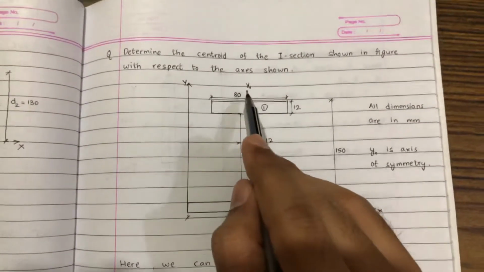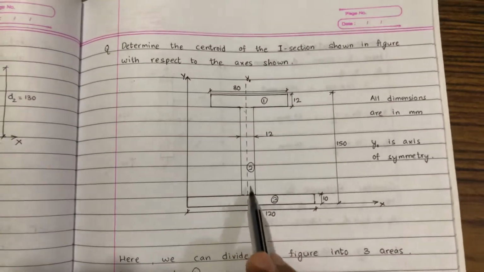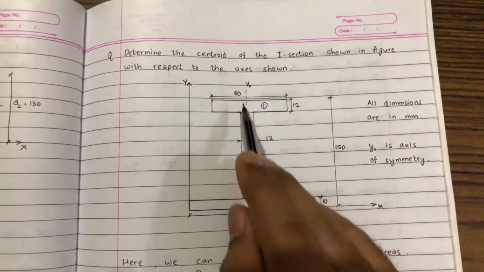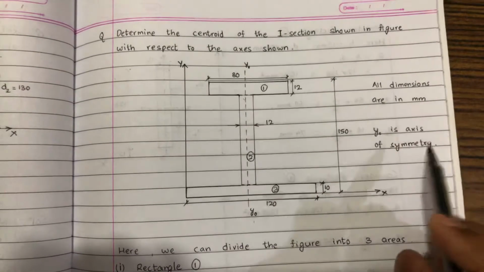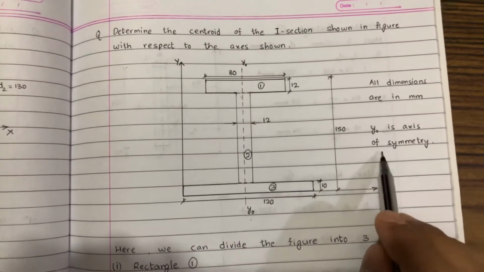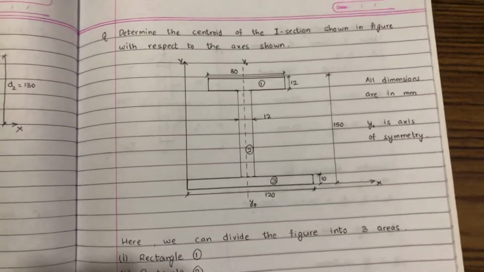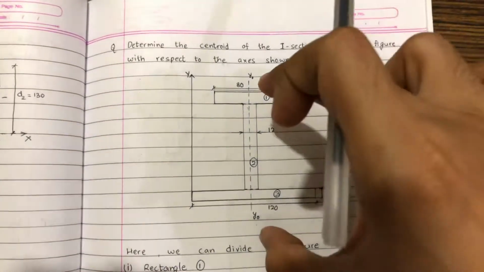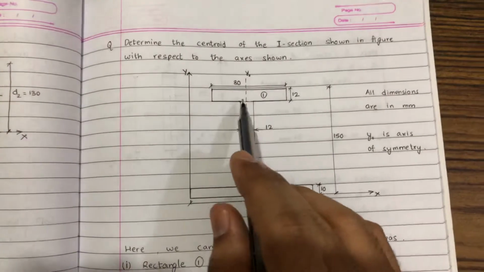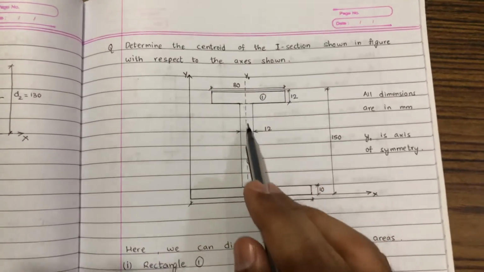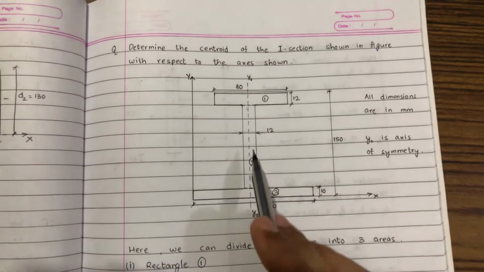And here there is a special case. Y0, Y0 axis is given. You can see this is Y0 and this is Y0. Y0 is axis of symmetry. It means that the Y axis of symmetry is already given. Means that this I section must be passing through this axis of symmetry.